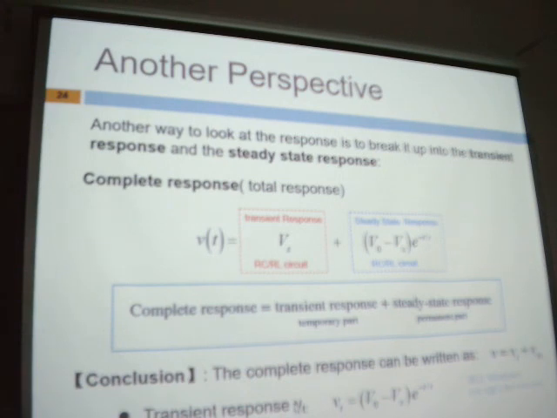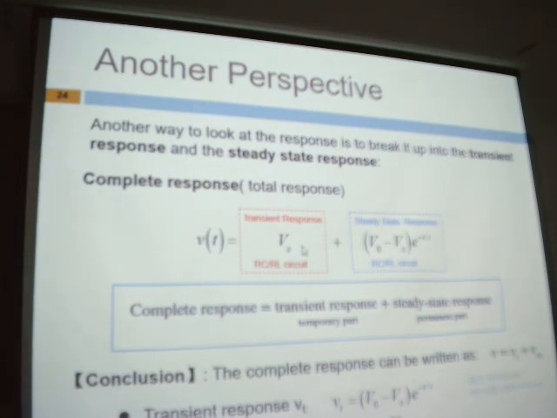Sorry, this one is steady state, this one is transient. Wait, I'm making a mistake here. This one is transient, this one is steady state. This transient response vt is the second part, and the steady state response vss is this one.